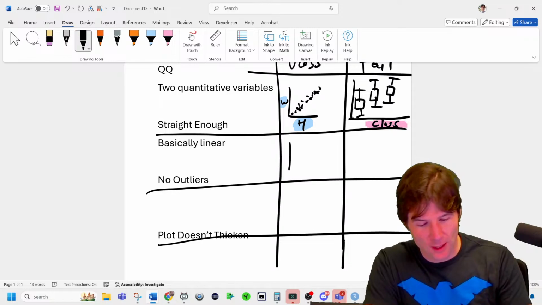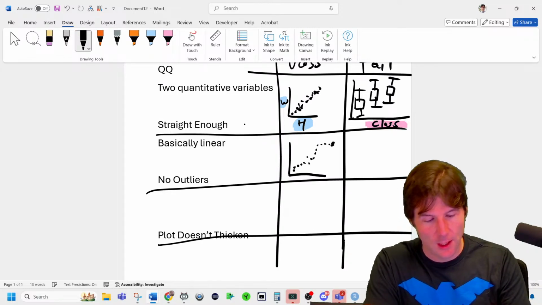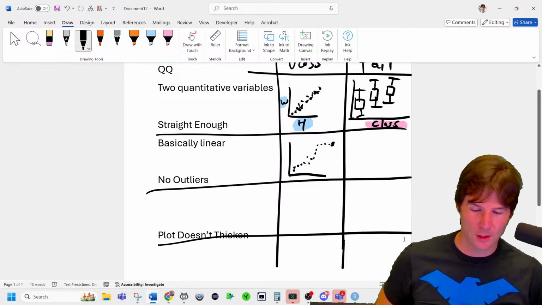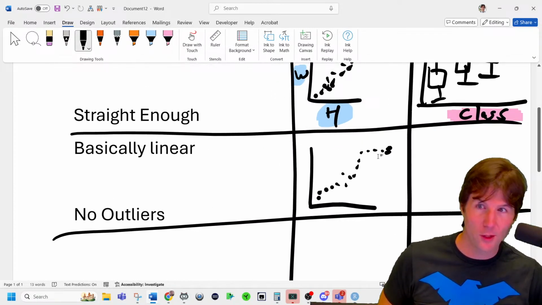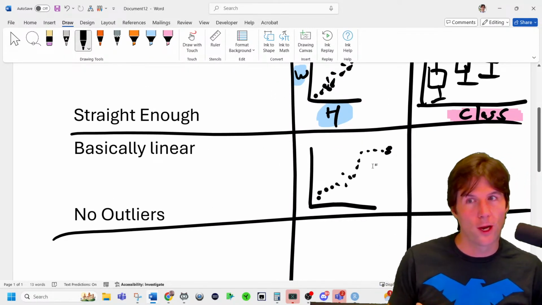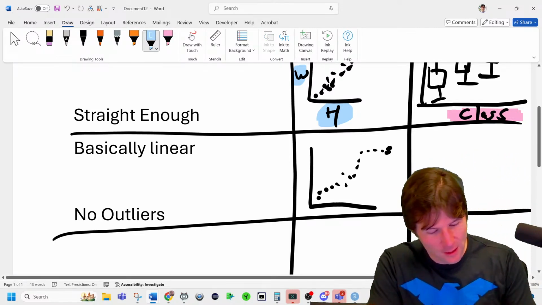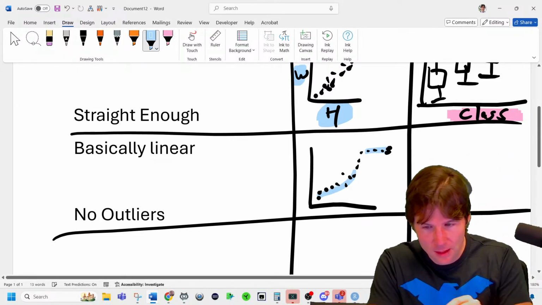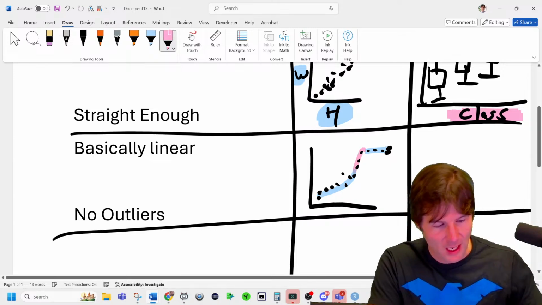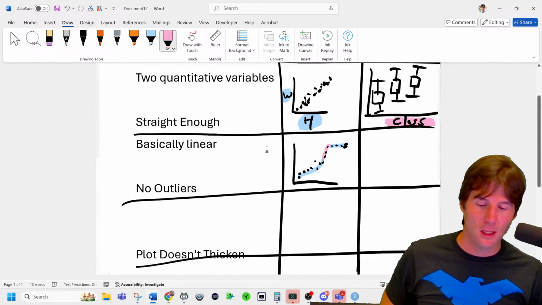So I'm going to draw one right here that kind of follows the line. You notice there's some weirdness, a little bit of weirdness right there. It's straight enough. Does that make sense? Basically a line. If it's got a little bit of weirdness, this is actually a pass, because you give it a little bit of a pass.